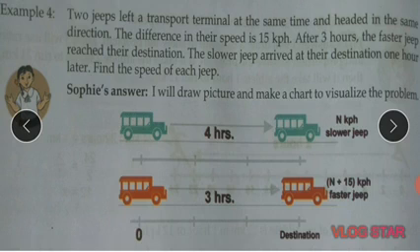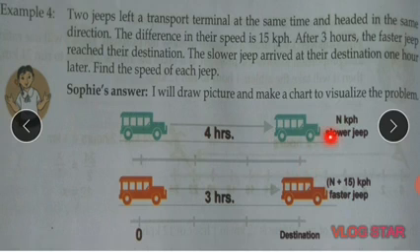So let's say that the speed of the slower jeep is n, while the faster jeep, since their difference in speed is 15 km, is n plus 15.